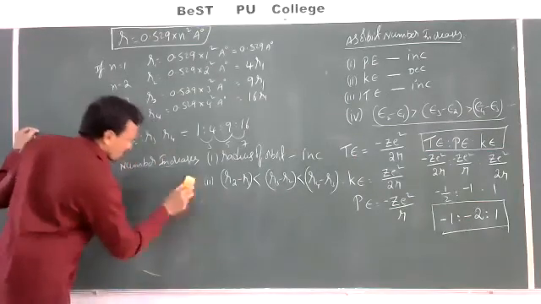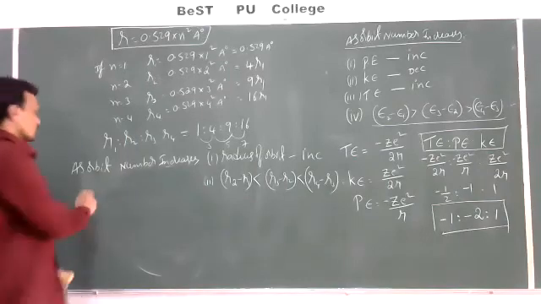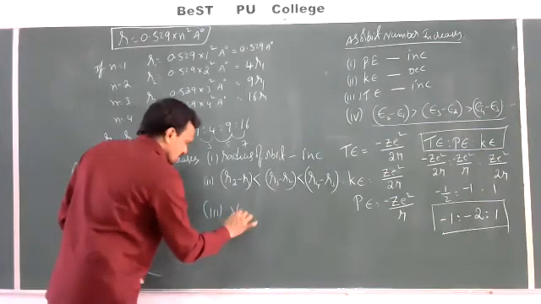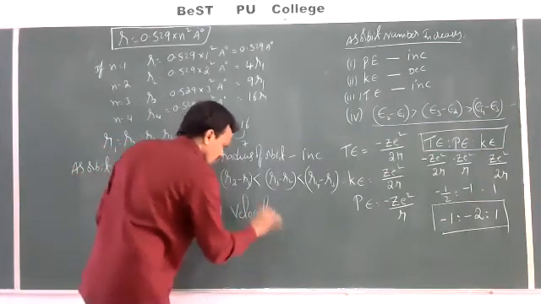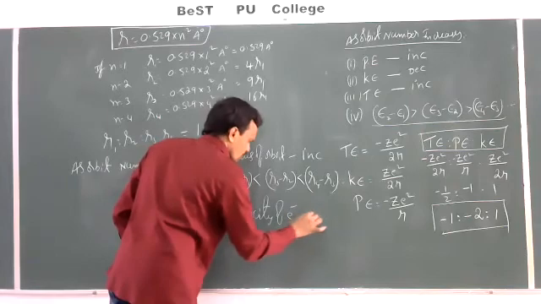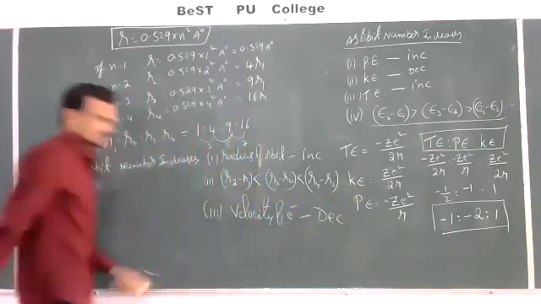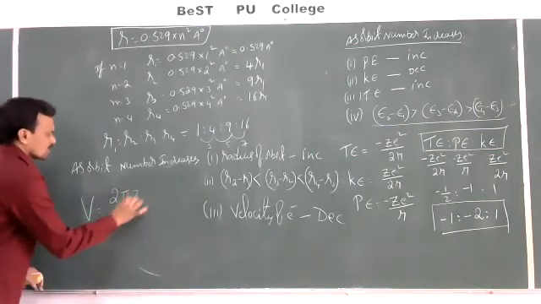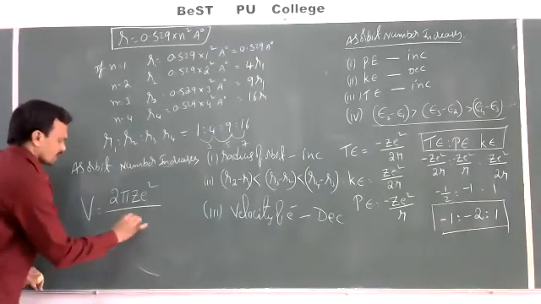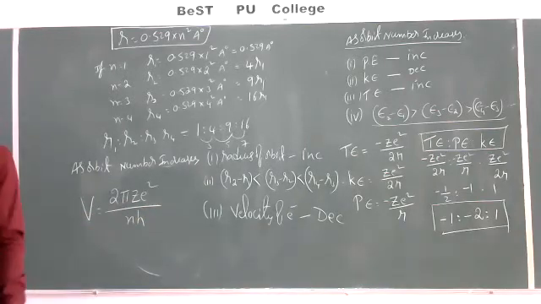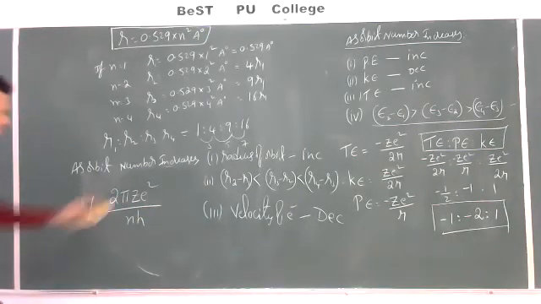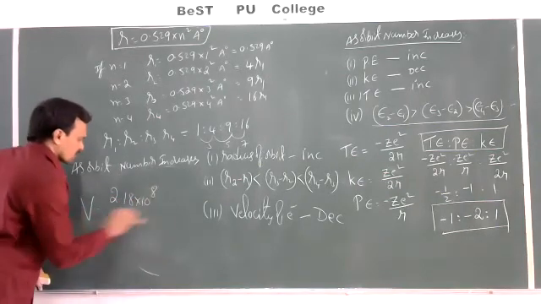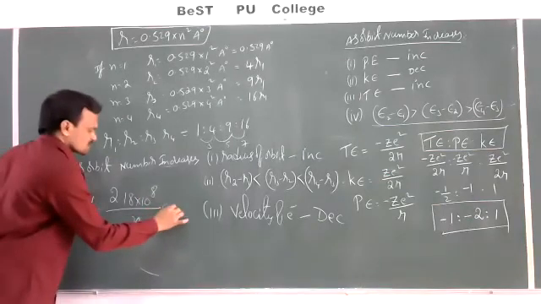Next, what about velocity? As orbit number increases, what happens to the velocity of the electron? It decreases. What is the formula of velocity? Velocity v is equal to 2 pi Z square by nh, which is nothing but 2.18 into 10 to the power of 8 by n centimeters per second.